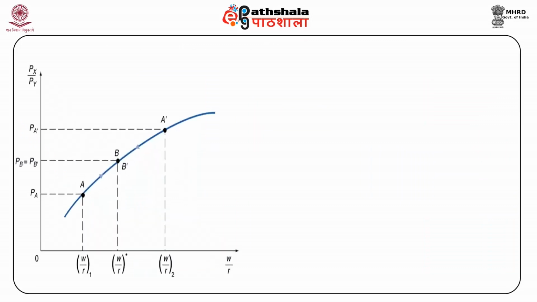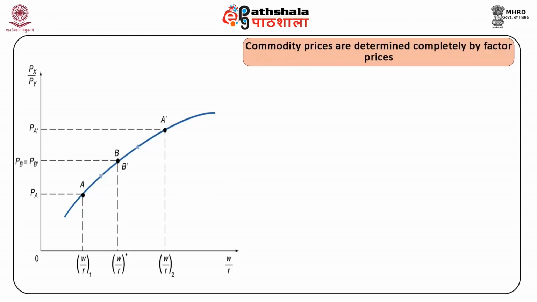In this diagram, the relative price of labor, W by R, is plotted on the horizontal axis, and the relative price of commodity 1, P good A upon P good B, is plotted on the vertical axis. Here we assume that since both trading nations operate using the same technology, the commodity prices are determined completely by factor prices.